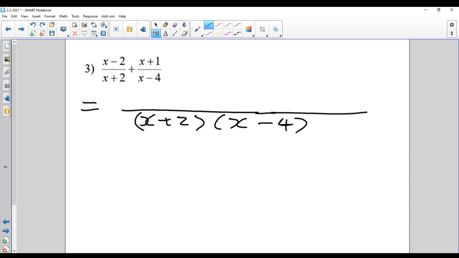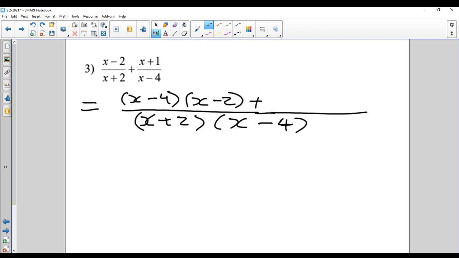You're multiplying this by x minus 4 to get all of this. So if I multiply this by x minus 4, the top has to multiply by x minus 4 as well. So on my next line, I'm going to multiply x minus 4 by the x minus 2. Right? Does that make sense to everybody?